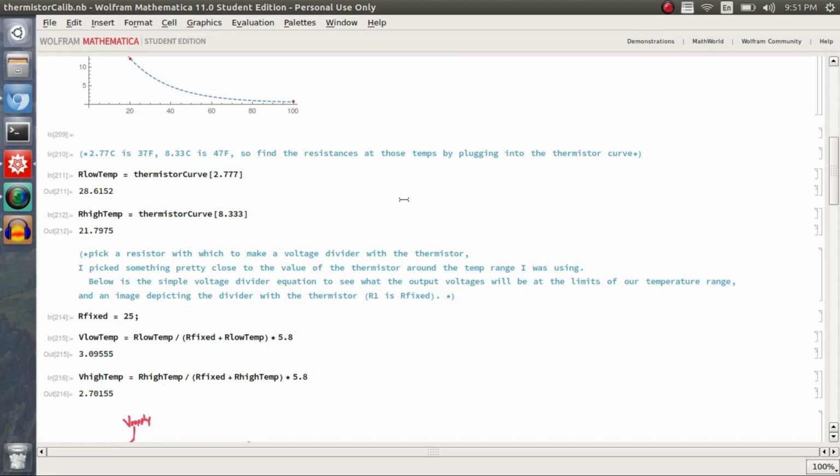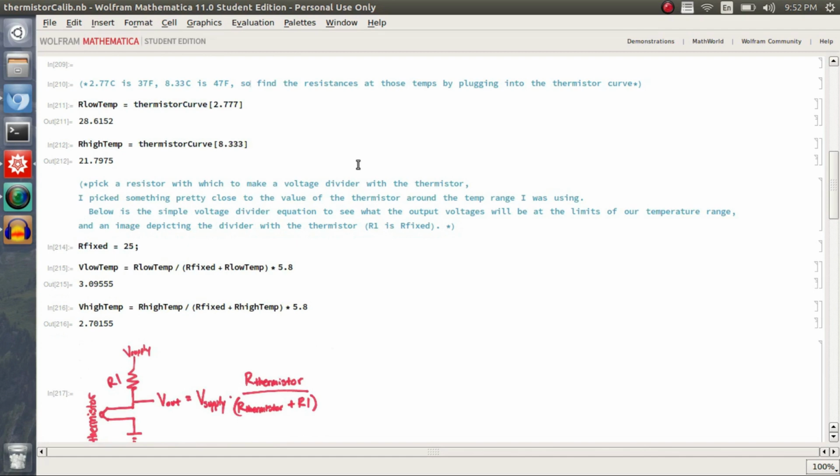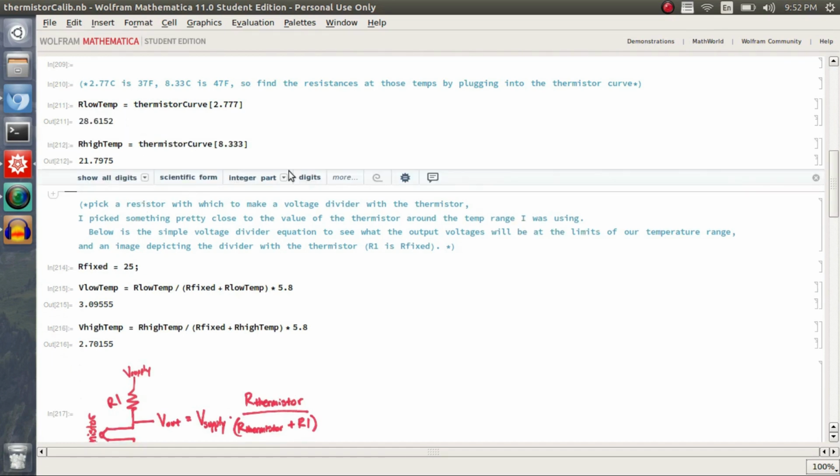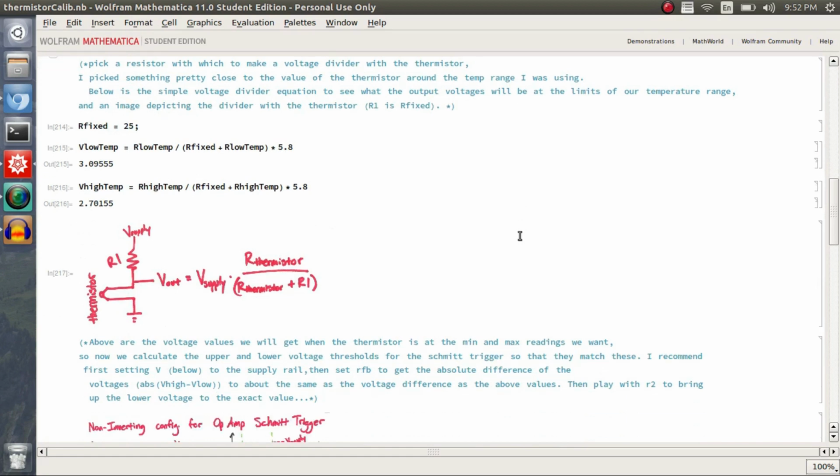And so I want it to turn on once it reaches 47 degrees as it heats up, and then turn off once it cools down to below 37 degrees Fahrenheit. So the Celsius values, I just plugged them into that curve, and I get some resistance values out, again in kiloohms.